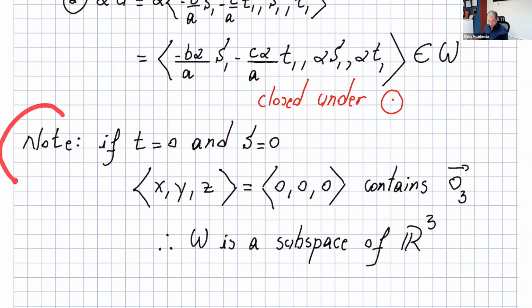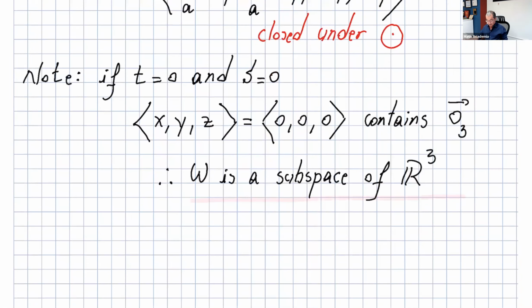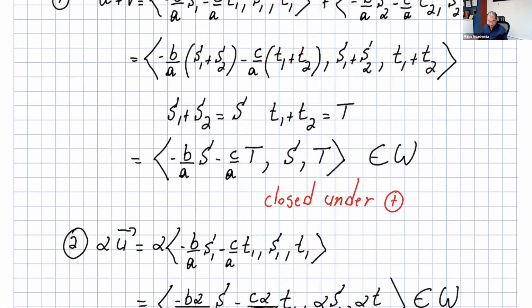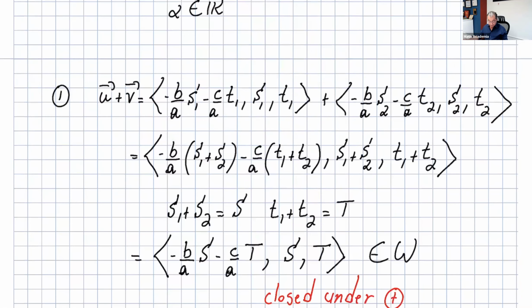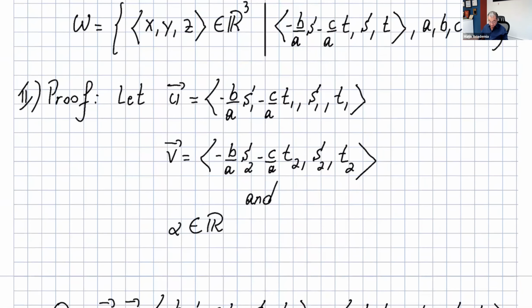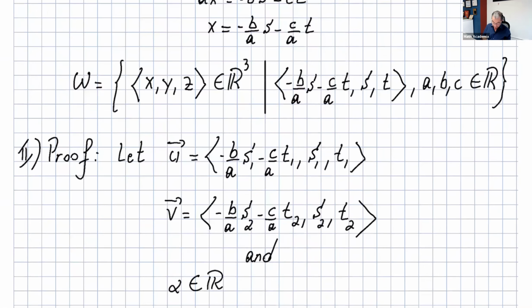Always, if you want to put that note, it's good to do it. If t is 0 and s is 0, then we get all three components to be 0, so it contains (0, 0, 0). So W is a subspace of R3. Just to summarize, this is what you can do best. One way of doing it is to write the set.